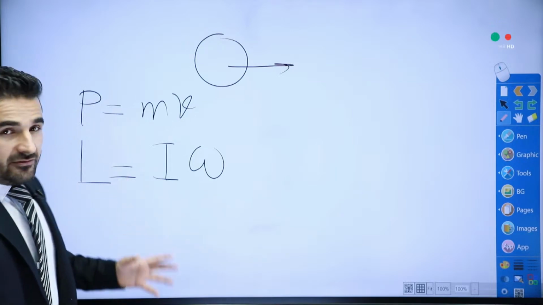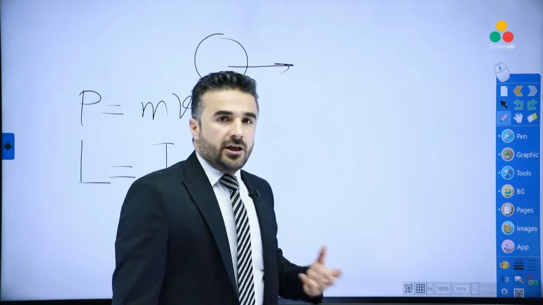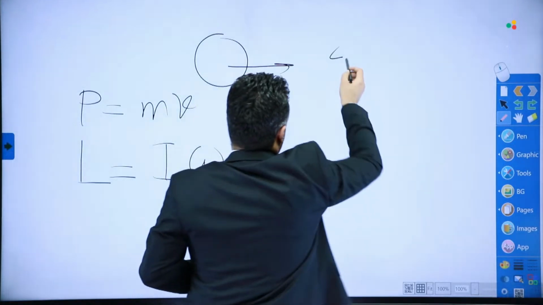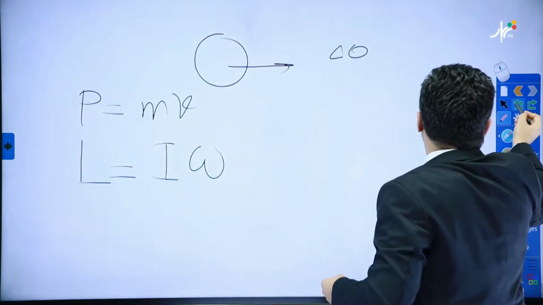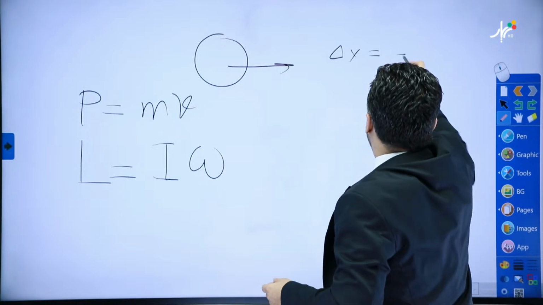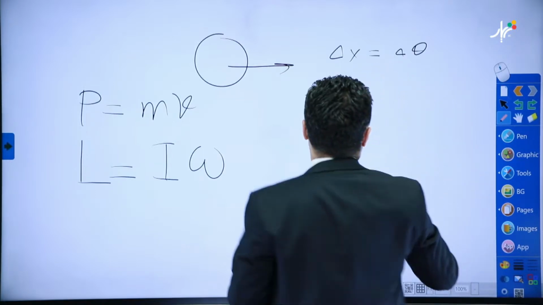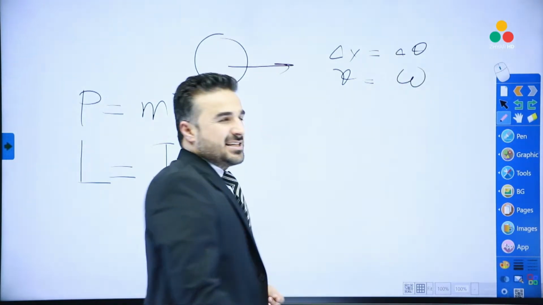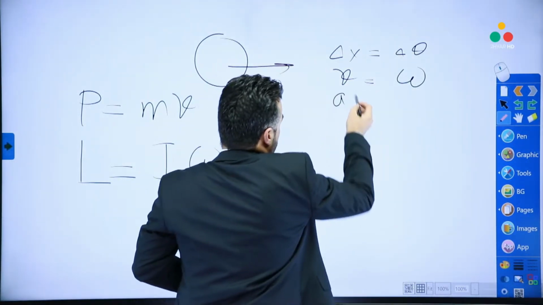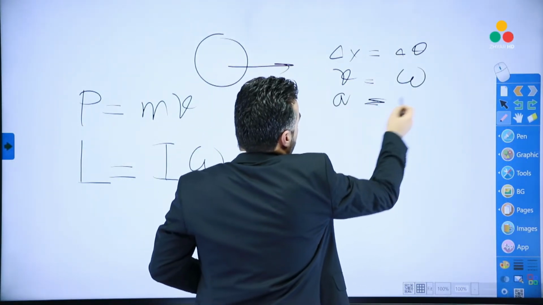Okay, so far you've learned that we have some linear and angular quantities. Linear displacement corresponds to angular displacement. Velocity or speed corresponds to angular speed. And acceleration corresponds to angular acceleration.